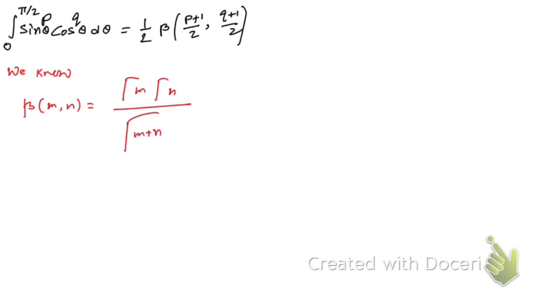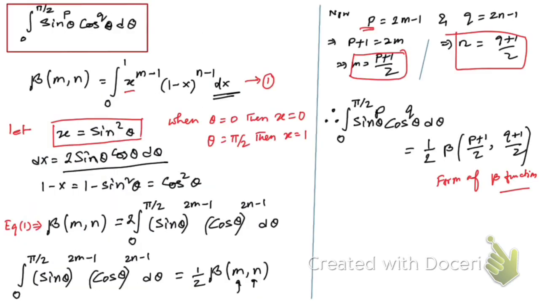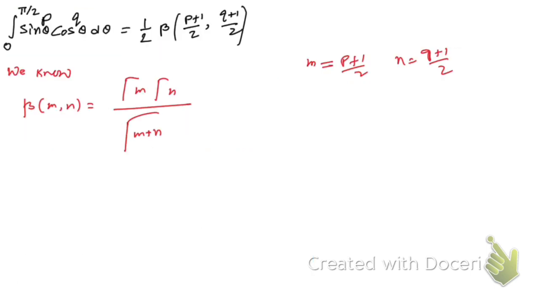Now we're going to replace m by (p plus 1) by 2, and n by (q plus 1) by 2, as I have already explained. So we're going to put these values here.